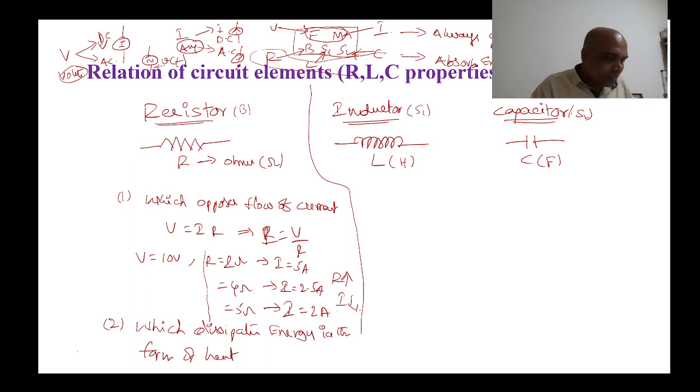So here heat energy W equals I squared R into T. Brother always spends the money, always wastes the money. Means the resistor dissipates energy in the form of heat.